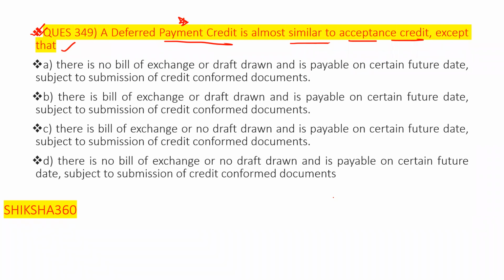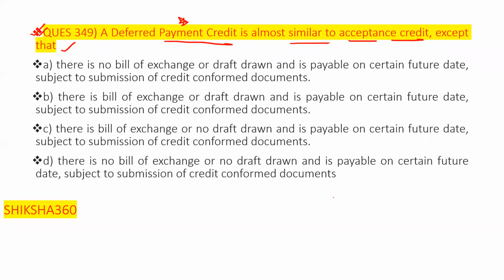First option: there is no bill of exchange or draft drawn and it is payable on a certain future date, subject to submission of credit confirmed documents.